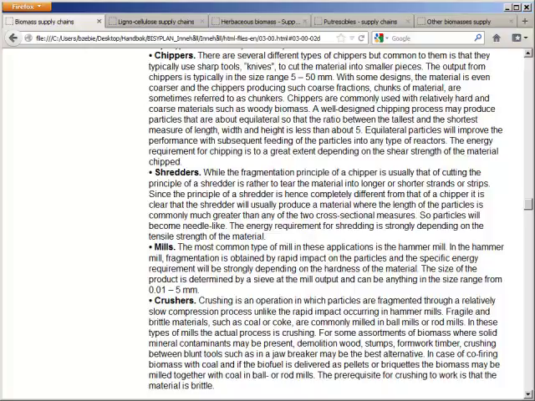They should not be tensile, because if a tensile particle is hit at a high speed with a hammer, then the only thing that happens is that the particle is deformed. So the material needs to be brittle. Mills like the hammer mill are mainly used when you are aiming for very small particles, such as, for example, pulverized fuel firing. A crusher works with a slow impact.